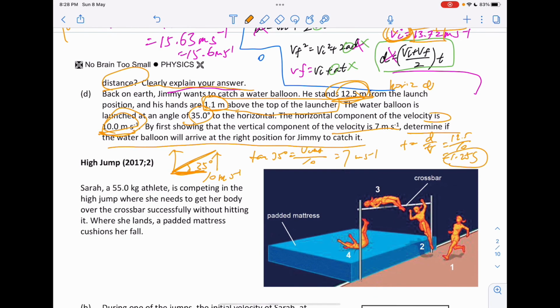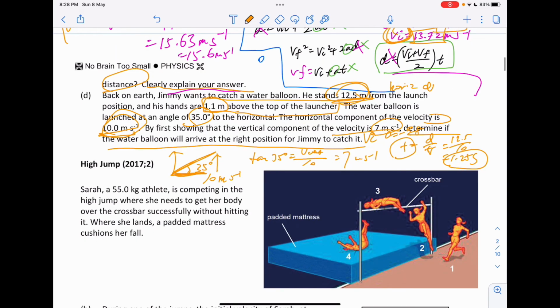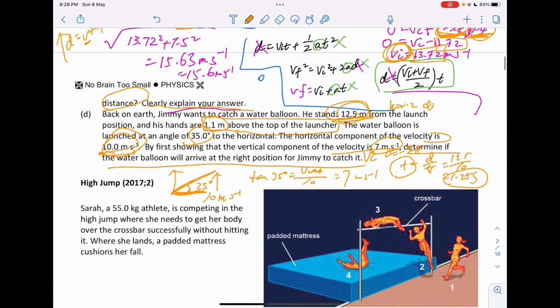So now we have T, and we just calculated the vertical component is 7, so we have VI. And we have A, of course, minus 9.8. We want D, because we want to show that it'll arrive at the right vertical distance.